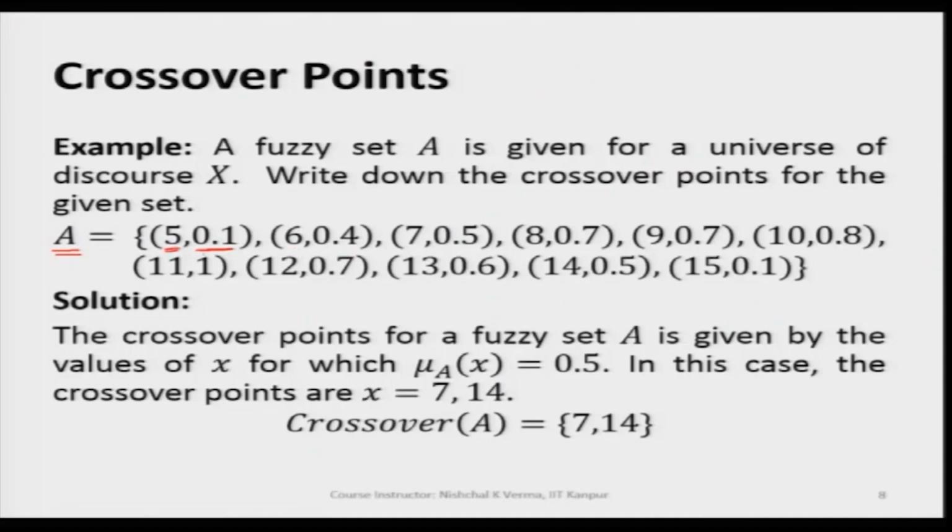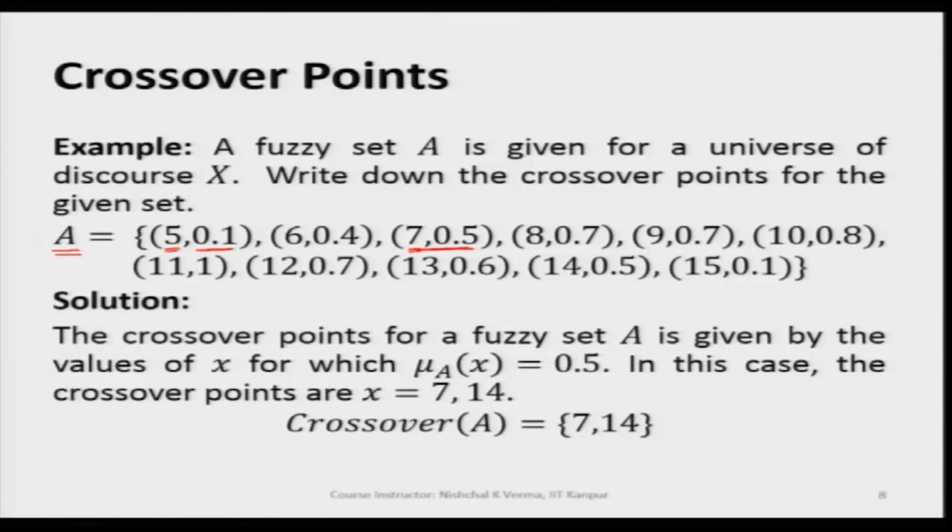We see here that 7 is the generic variable value for which the membership value is 0.5. So, this is the first generic variable value that we have found.